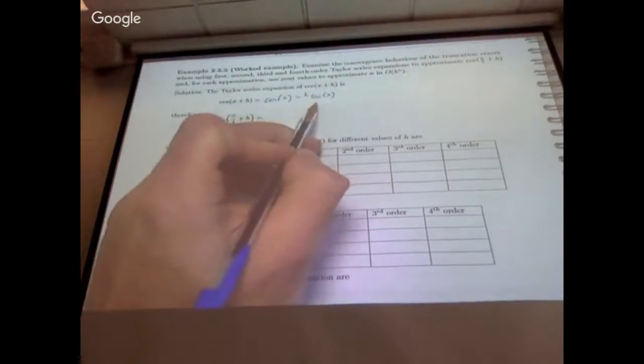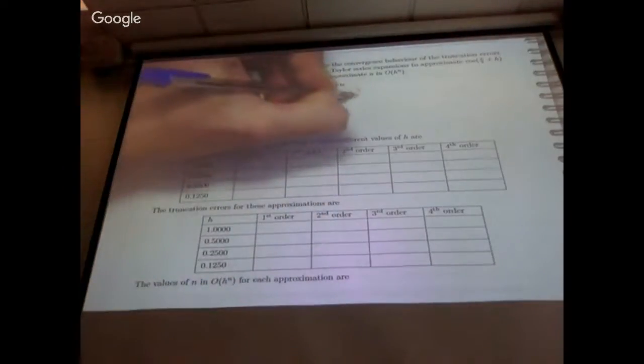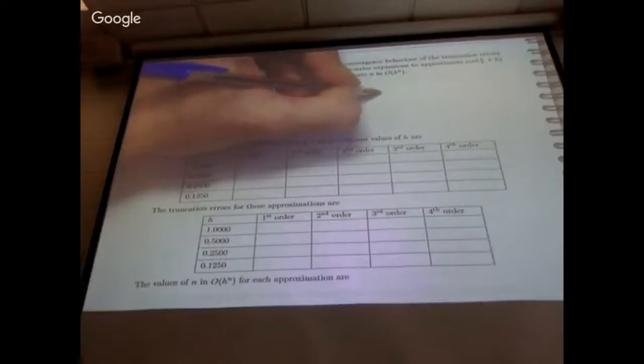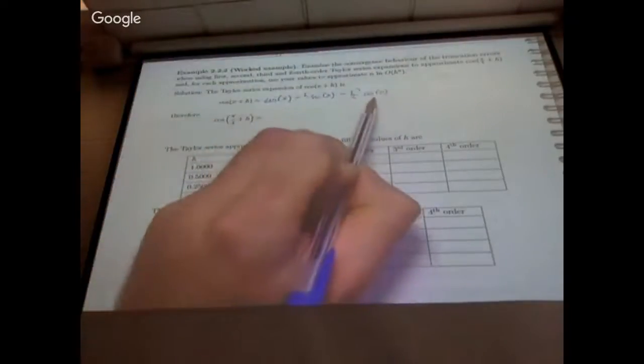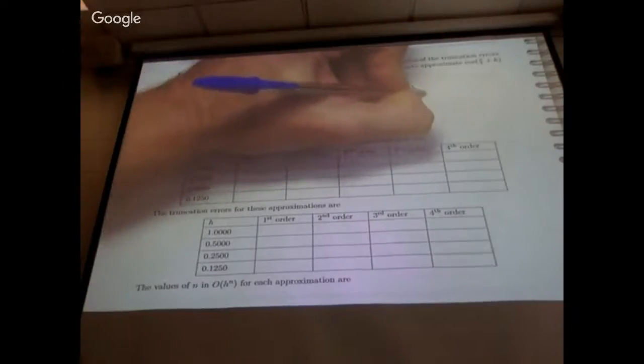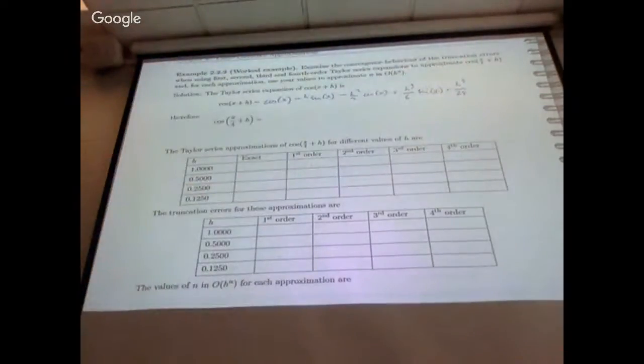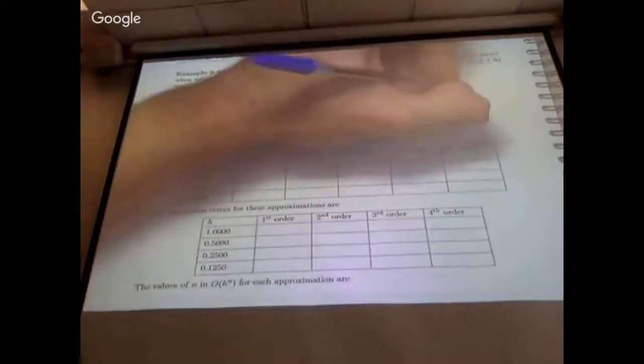What's the derivative of sine x? Cos x. So we have minus h squared over 2 cos x. And the derivative of minus cos is plus sine. And finally, we have h to the 4 over 4 factorial, which is 24, times cos x.